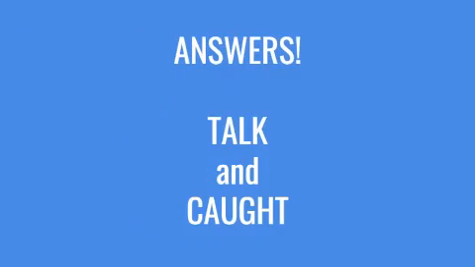Listen carefully to each word I say. You can write it down on a piece of paper. Let's give it a try. Ready? 1. Coughed. 2. Talk. 3. Cut. The correct answers are coughed and talk.